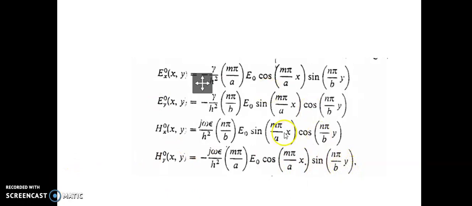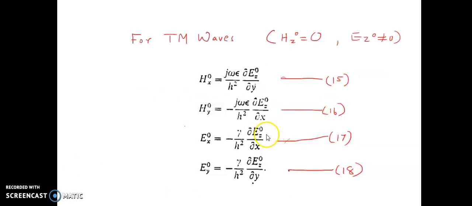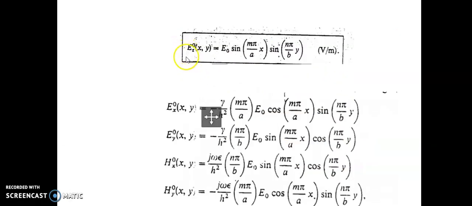So please get these equations by substituting the value of Ez0 in equations 15, 16, 17 and 18. So we got the values of Ez0, Ex0, Ey0, Hx0 and Hy0 for TM mode in the rectangular waveguide, and we already know that Hz0 is equal to 0.